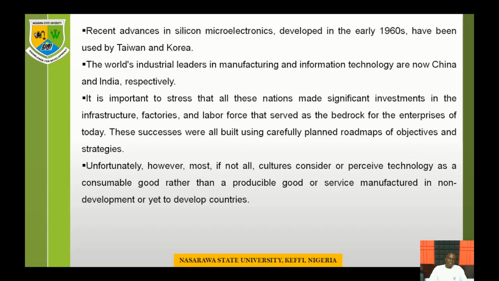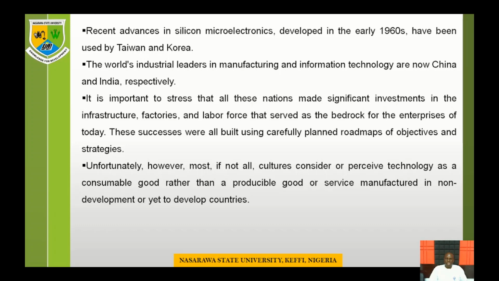Recent advances in silicon microelectronics, developed in the early 1960s, have been used by Taiwan and Korea. The world's industrial leaders in manufacturing and information technology are now China and India, respectively.